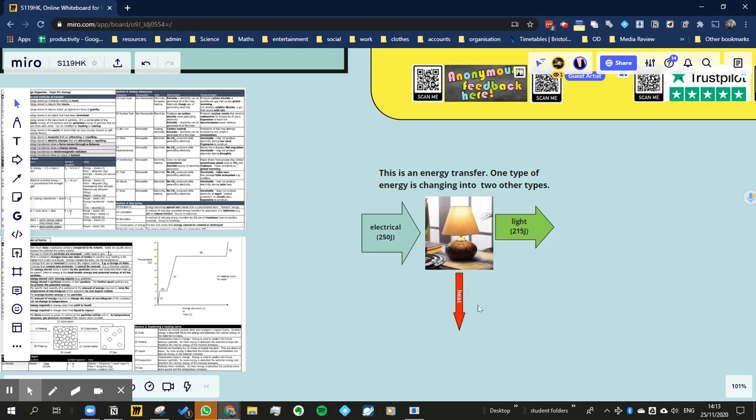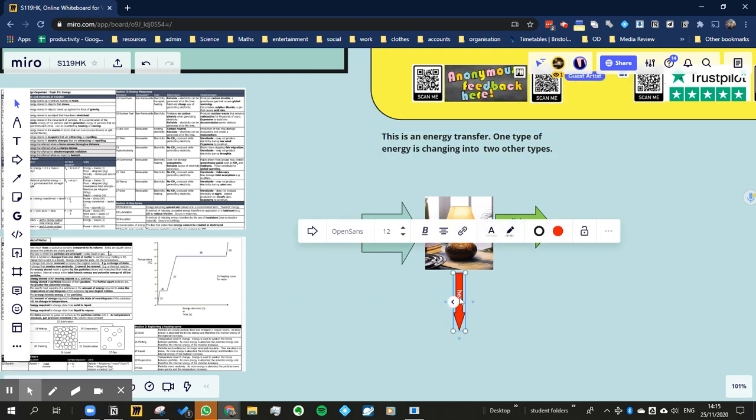If 250 is going in and 215 is coming out as light, then the rest is coming out as heat. So how would you calculate that? Basically we used subtract. We did 250 minus 215, so it's 35 joules of energy.